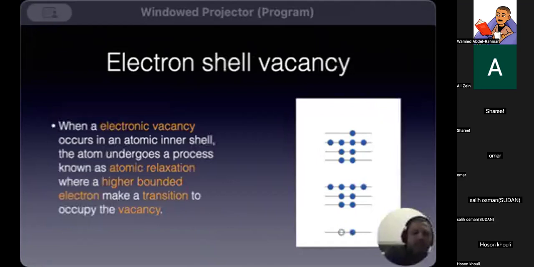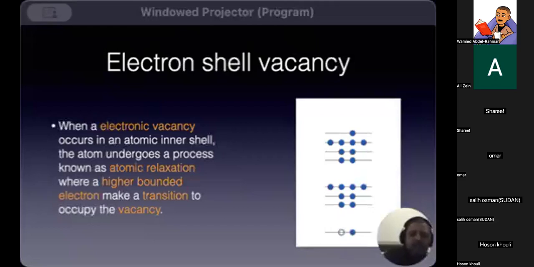Now, electron shell vacancy. In an atom, usually the electrons will try to fill the lowest possible positions. But on some occasions, a vacancy in these lower shells could be created, either because an electron is knocked out of the atom or just excited, given some energy, so that it goes and occupies another higher shell.